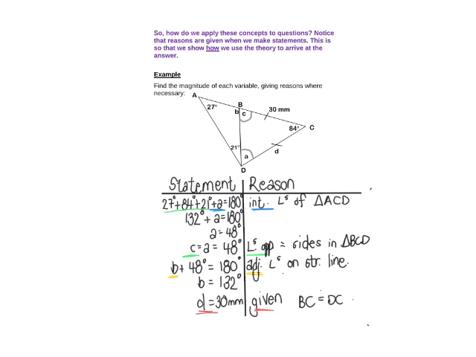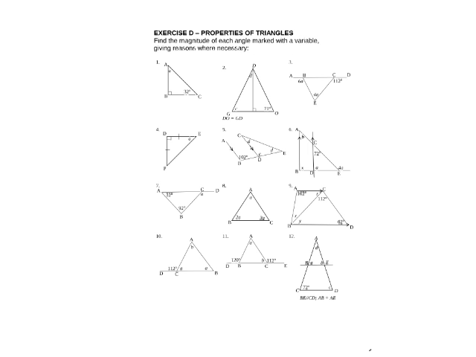Then we can have a look at our worksheets that are in the back of all of this. You'll see some of them are quite straightforward and some of them are more challenging. I will, for example, suggest that you redraw the drawings in your book every time, and put a statement and a reason.